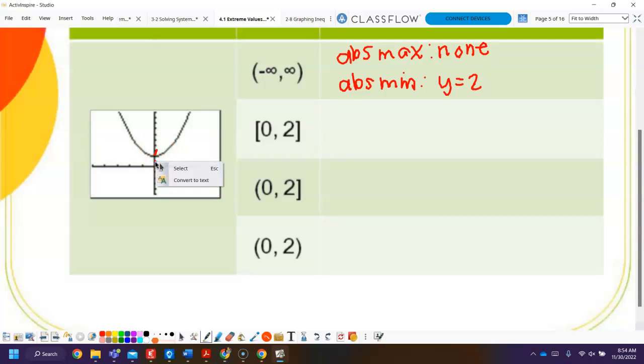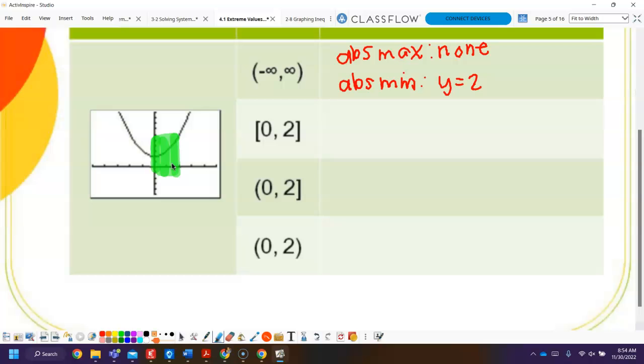So now I want my graph to go from 0 to 2, including 0 and 2. Does that graph have an absolute max now?